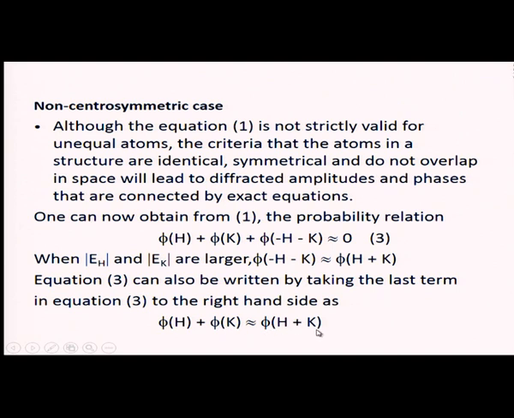So, in centrosymmetry we have seen sign of h times sign of k will be nearly sign of h plus k. If it is phase, you have to add the phases of h and k to get the phase of h plus k, non-centrosymmetric. If it is centrosymmetric, multiply the signs of h and k reflections to get the sign of h plus k, that is all, very simple.